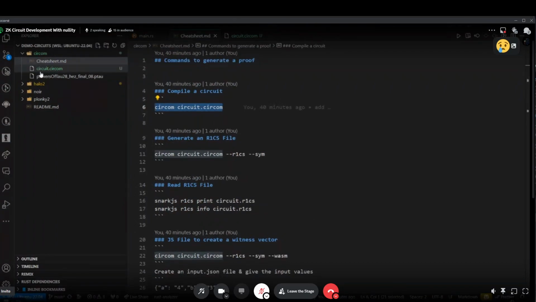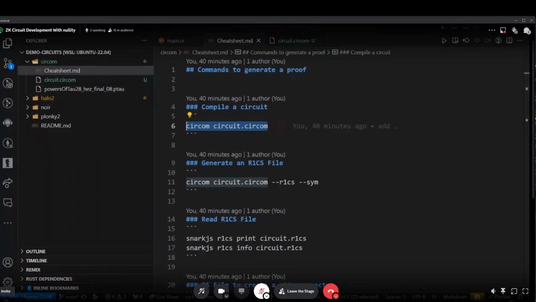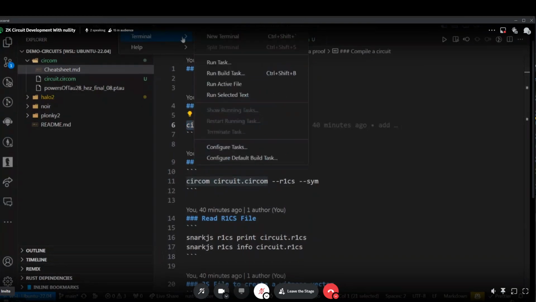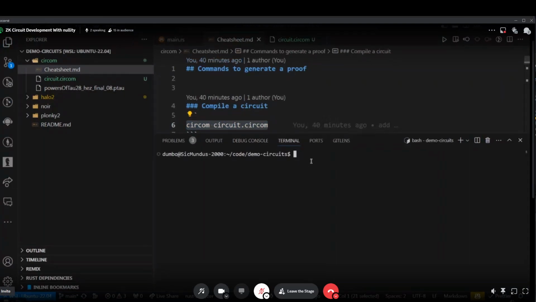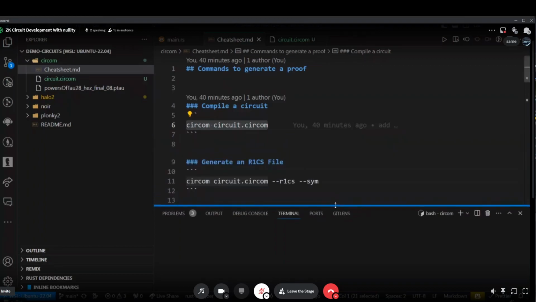So our file's name is circuit.circom. And I'm gonna open my command line and paste that. Okay, everything went okay.